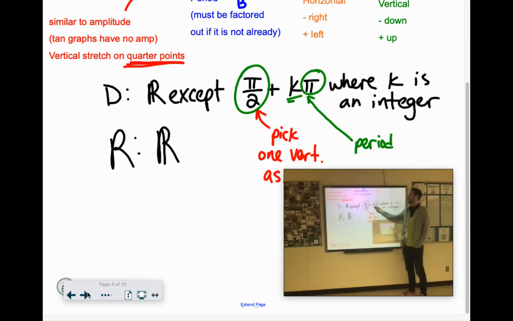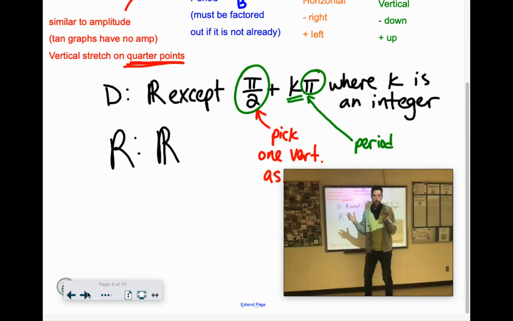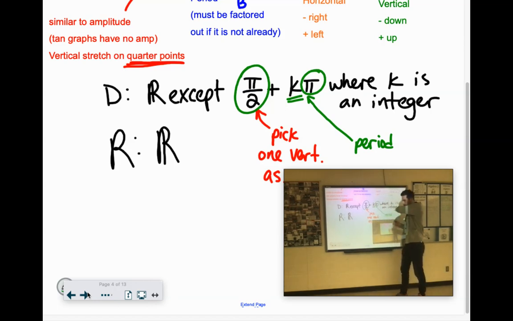But they put this k in front of it, and it says where k is an integer, meaning you can add infinite cycles of pi to this, and that would give you the equation for all your asymptotes. We're basically going to be writing the same thing every time for the domain. Range, which is your y values, that is unlimited, right? So that's all real numbers.